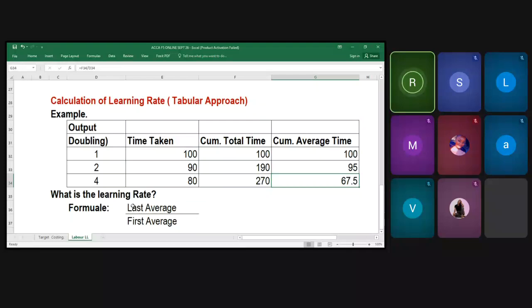Please take the last average from my table. My last average is this one. That's the one that I'm going to take. Let me highlight that, and then divide by the first average. From my averages, the first average is 100. I'm going to highlight that. So, last average divided by first average.